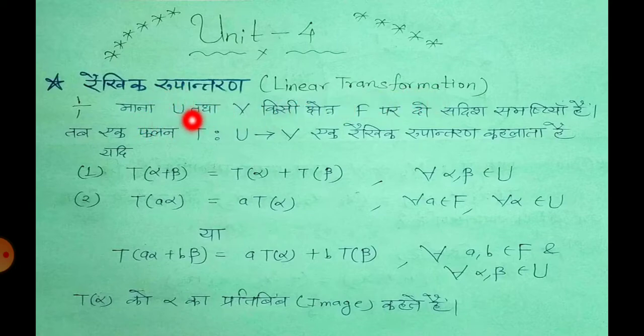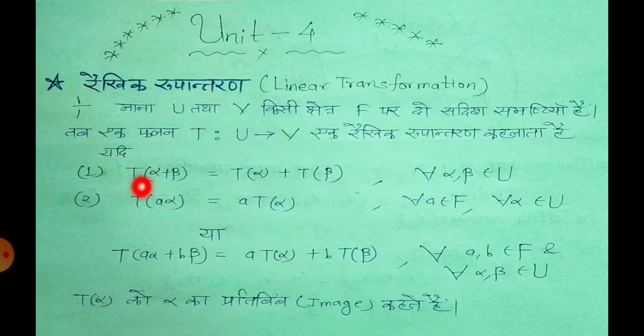Suppose capital U and capital V are two vector spaces over a field capital F. Then a function capital T, defined from capital U to capital V, is called a linear transformation if it satisfies two properties.